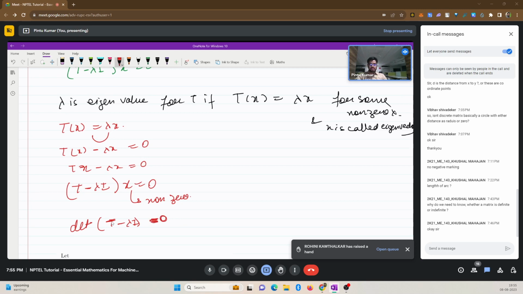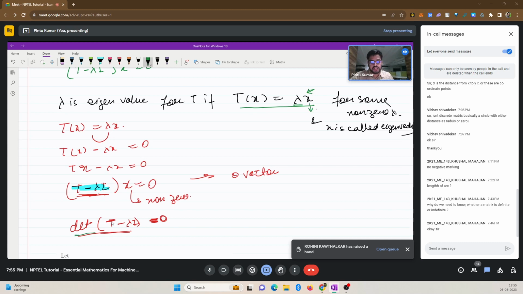If T minus lambda I was a full rank matrix, then the only solution would be the 0 vector. If I want a non-zero vector, then the left hand side must not be full rank. When it's not full rank, the determinant of T minus lambda I should be equal to 0. So you should just remember two things from here: you call lambda an eigenvalue if Tx is equal to lambda x for some non-zero x, and x is called your eigenvector.